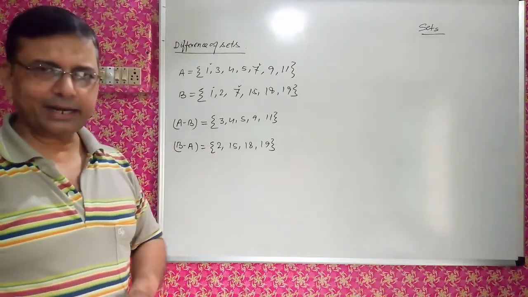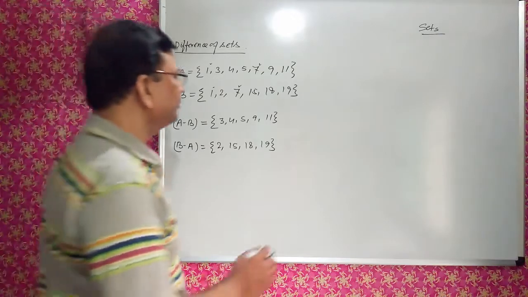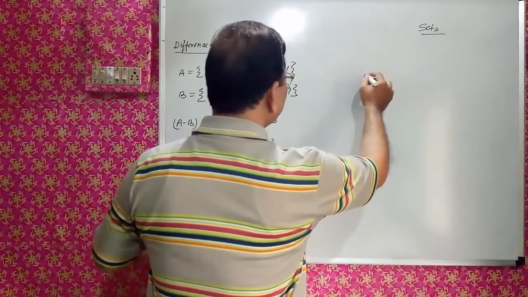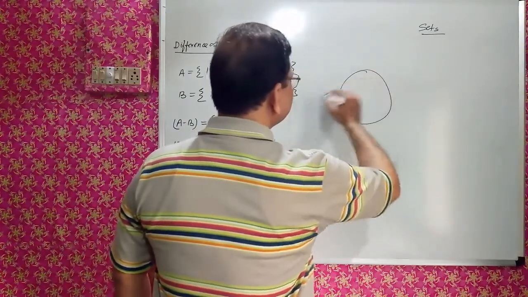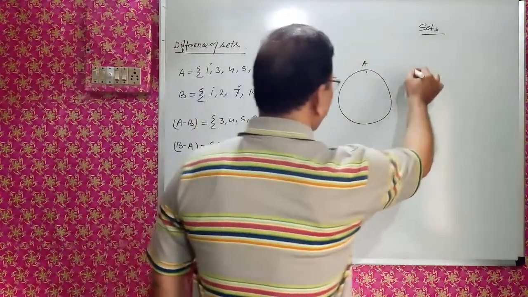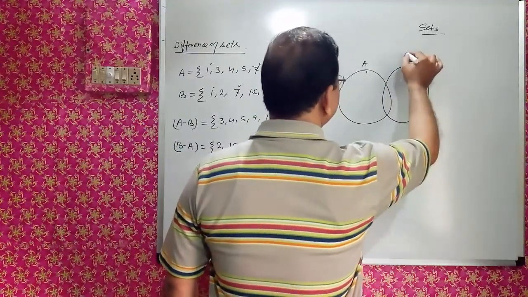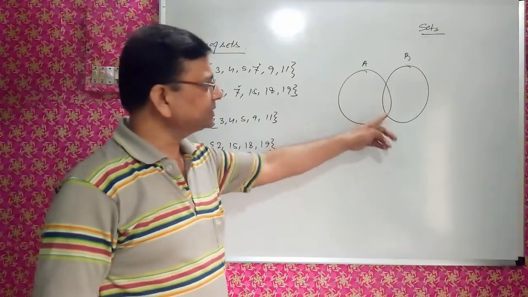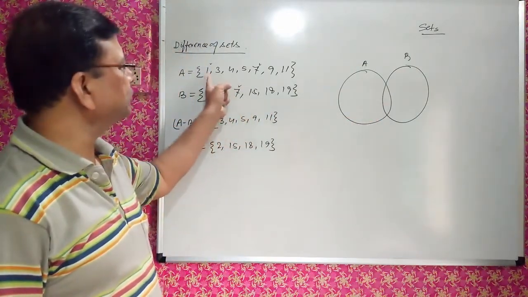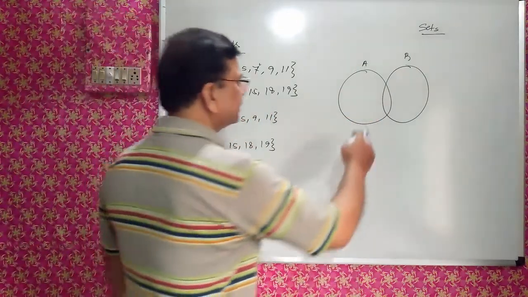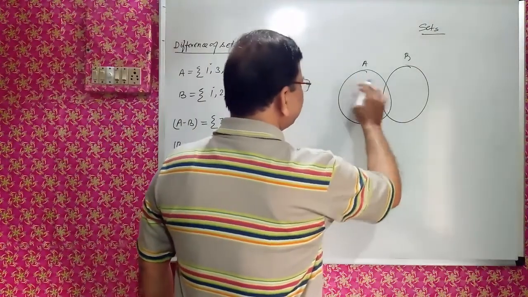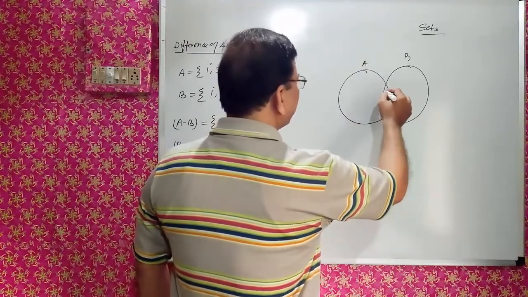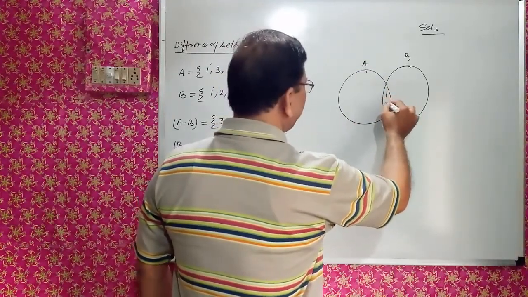So this you can understand by Venn diagram also. So in the first case, or first and second both can be taken. This is the set A and this is the set B. I have intersected these two sets because there is some common elements 1 and 7. So this area is common element is 1 and 7.